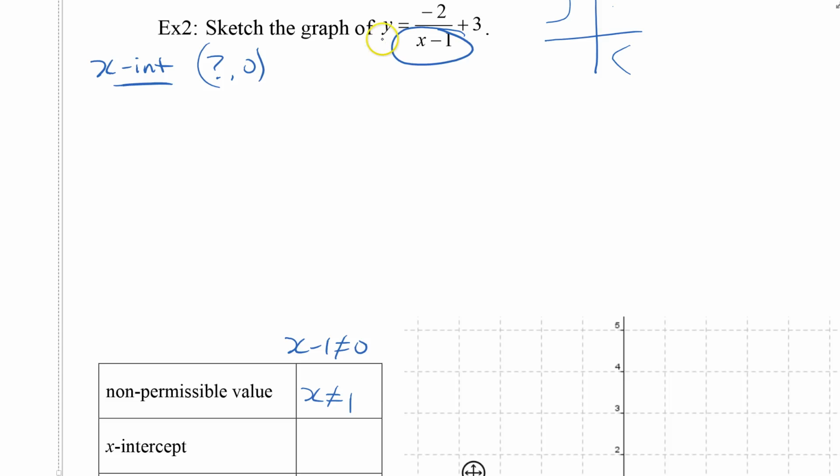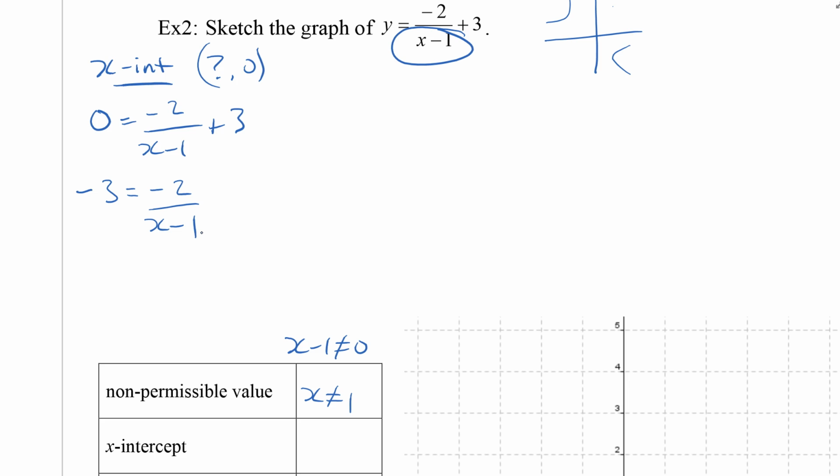So my y value is 0, so I'm going to write 0 is equal to -2 all over x minus 1, plus 3. I'm going to subtract 3 from both sides, so I'll get -3 is equal to -2 over x minus 1.